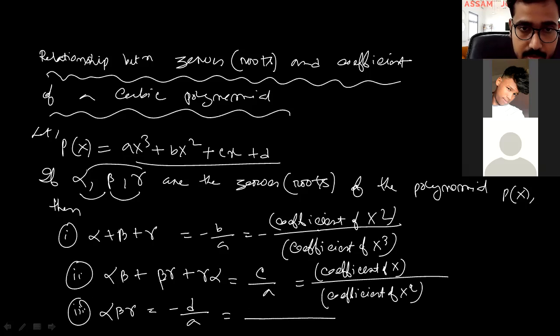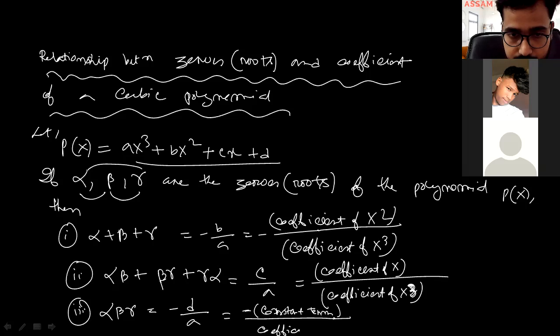Here d means the constant term, and a means the coefficient of not x square, because a is the coefficient of x cube. So here it will be the coefficient of x cube.